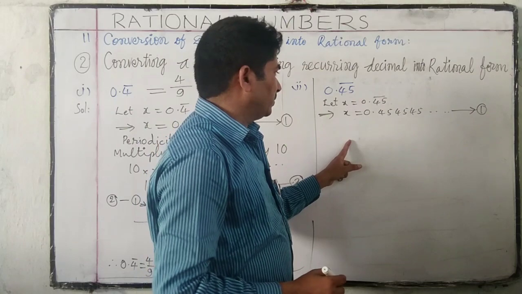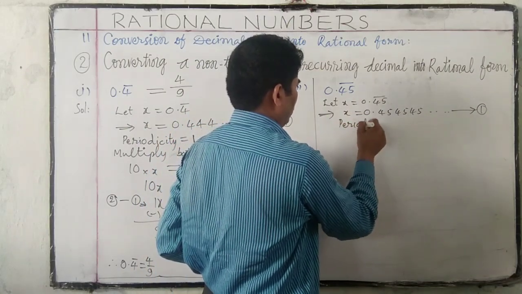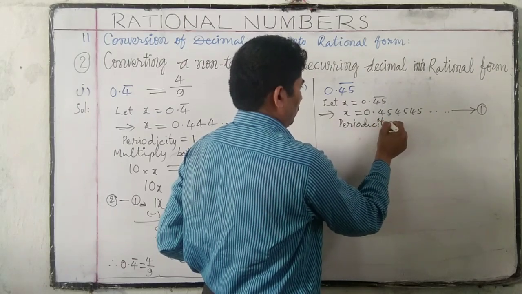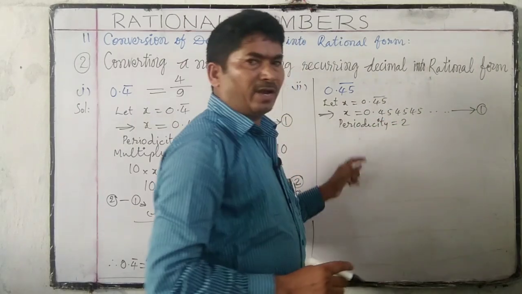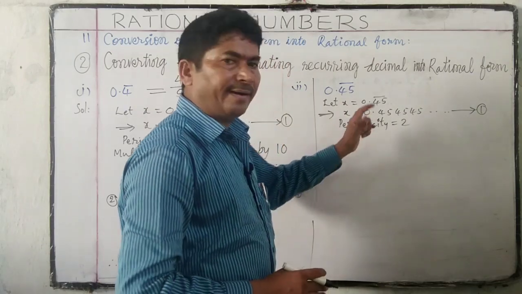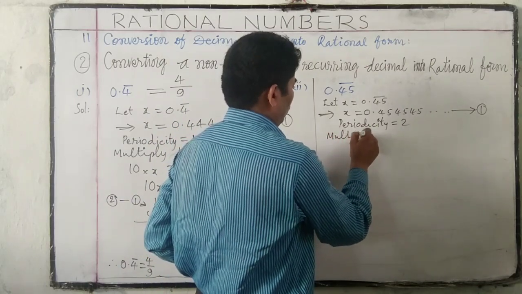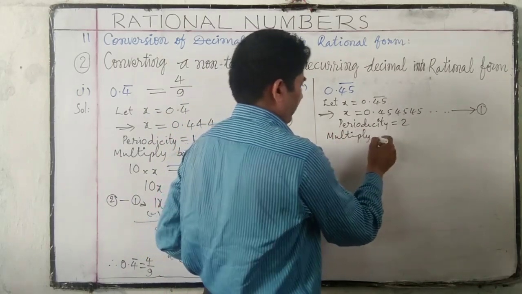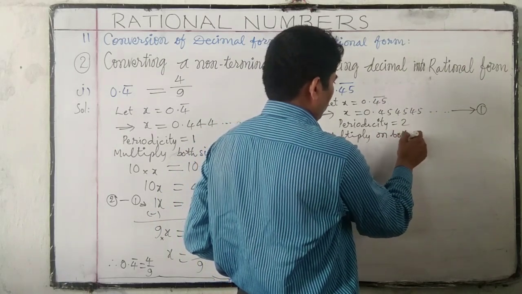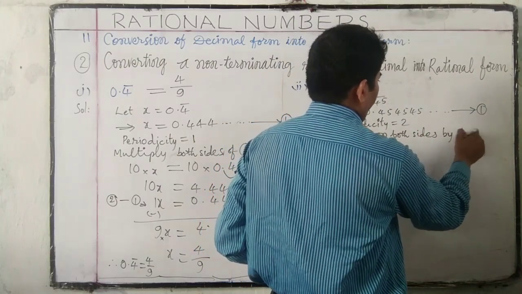Here periodicity is 2. That's why we multiply both sides by 100.